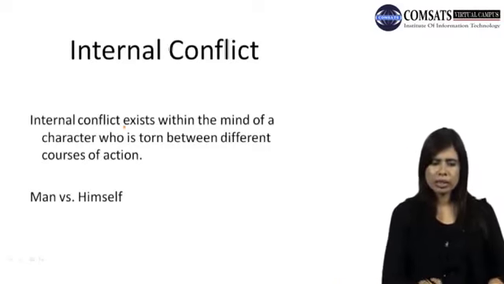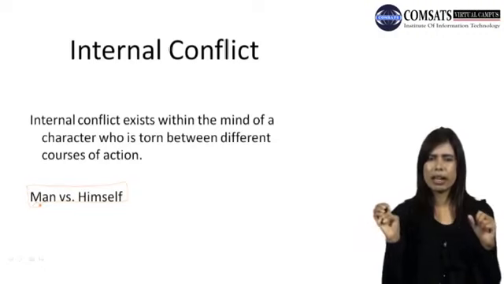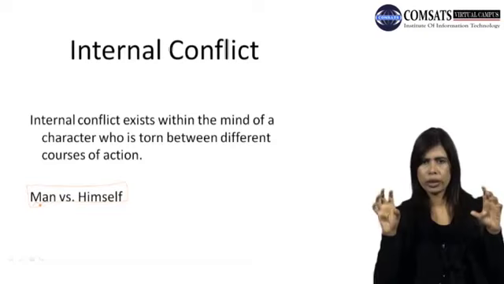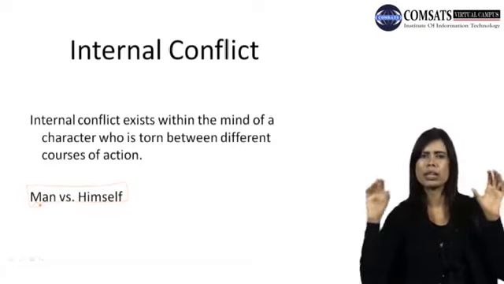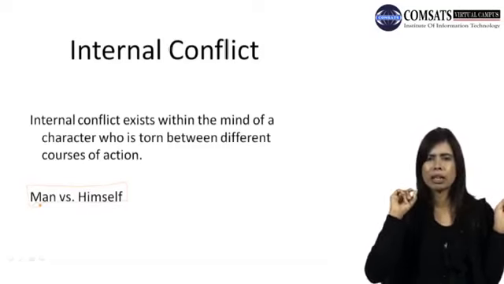So this is a struggle between man and his thoughts. Fine. So this is internal conflict that takes place in one individual only. No other external forces are involved, no element of nature, no society, no other characters. This is only one character basically, and the internal conflict that can take place in his or her mind.